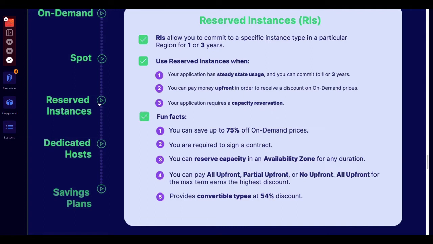One other neat thing about reserved instances, it provides what's called a convertible type at only 54% discount off of on-demand prices. And you use a convertible reserved instance if you need additional flexibility. For example, you may want to change the instance family or the operating system or the tenancy model, and then you're able to do that even though your instance is reserved.